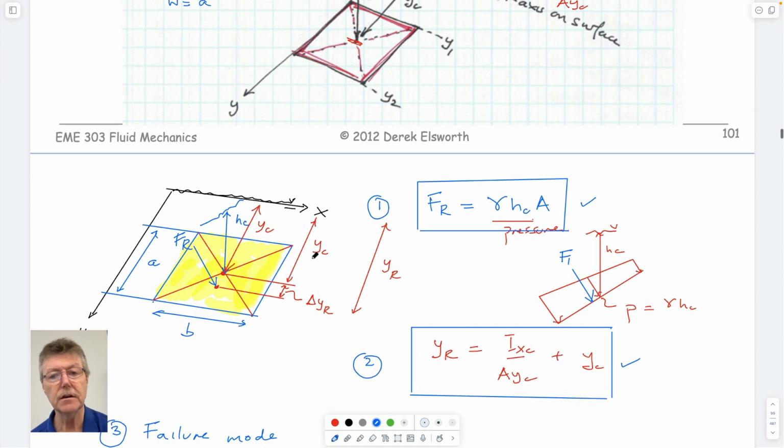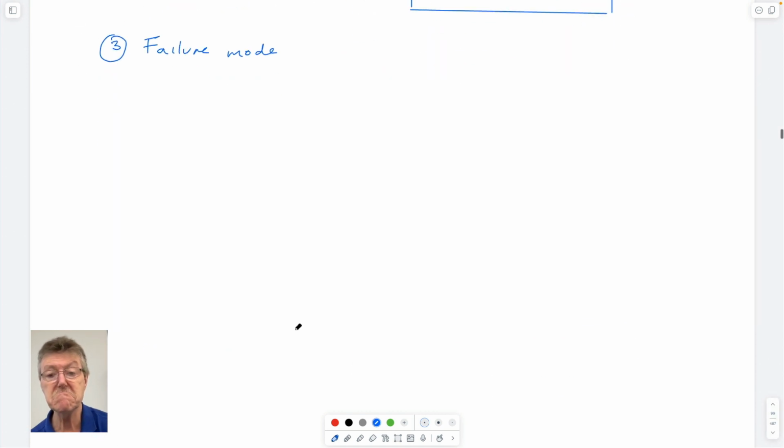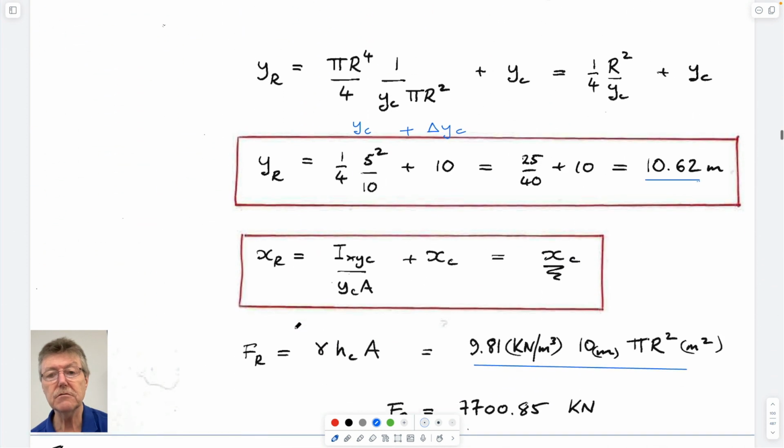If you look at this figure, Y sub c is the depth of the centroid, the slope distance from the surface to the centroid. And this small amount, delta Y, is the offset of it from the point of action. So those are those two amounts.